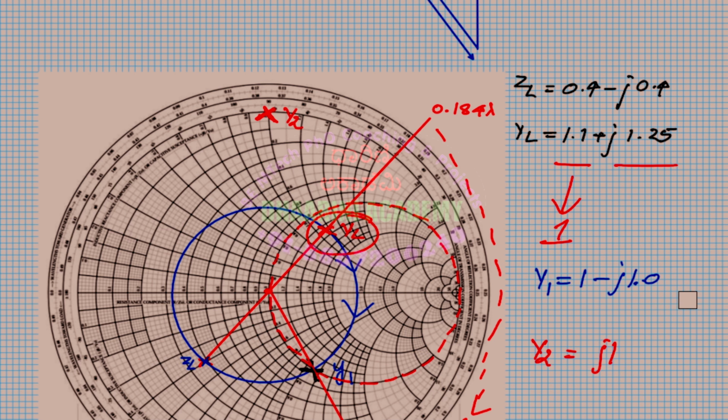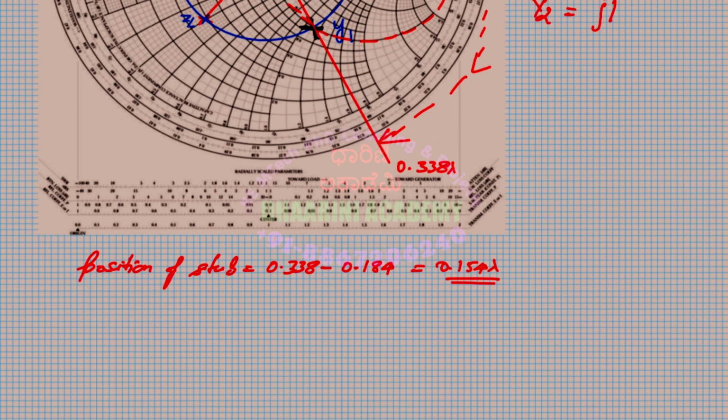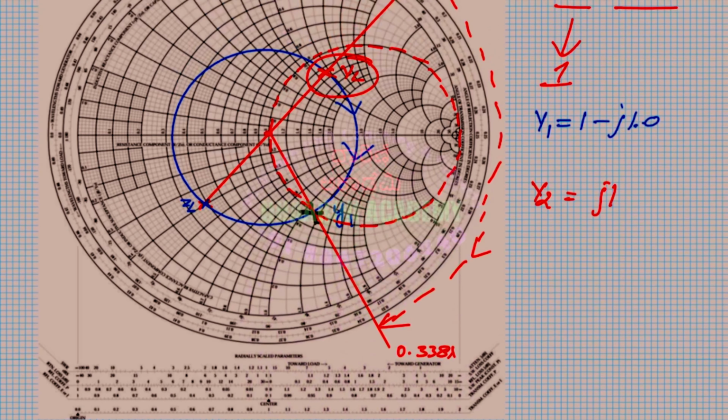It should become plus j1, meaning how much should I move and in what direction? I just go back to the transmission line. Whatever I'm adding here is a new transmission line, correct? The short circuited stub is a new transmission line.